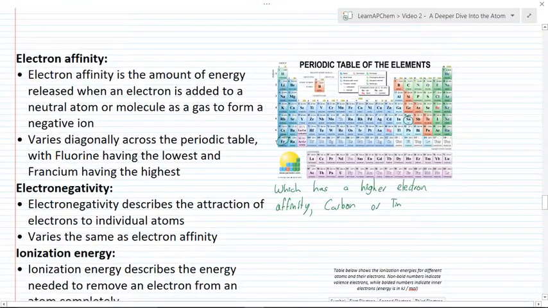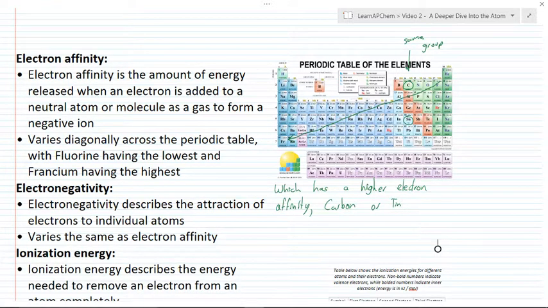So here's tin, here's carbon. They're in the same group, so it's not immediately apparent what the answer to this question would be. But you have to remember that this is a diagonal trend. It's not just right to left, it's diagonal.